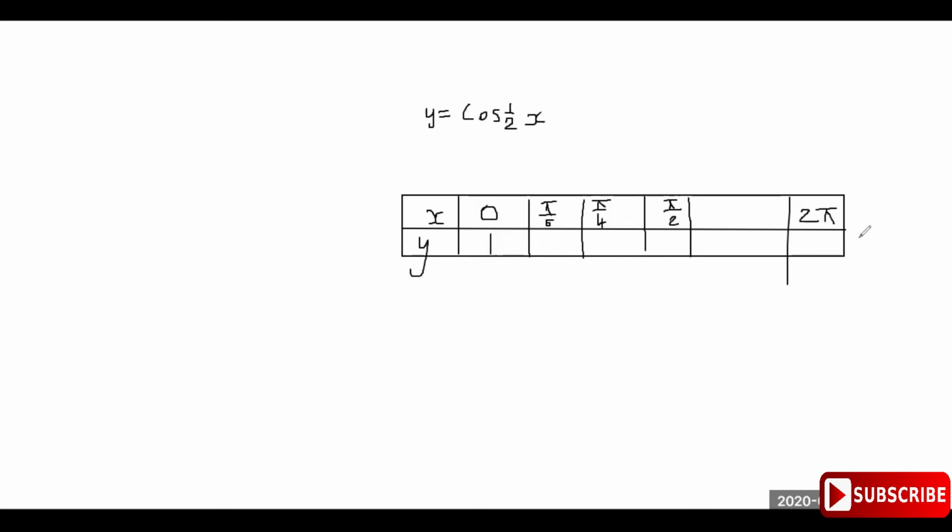First thing, let me just start from 2 pi. If we put 2 pi right here, that's really the cosine of pi, the cosine of 180. What's the cosine of 180? Negative 1. Check it in a calculator. Cosine of 180 is negative 1.